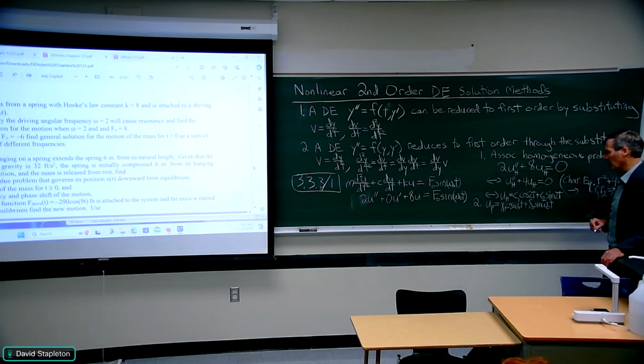And so that's the form of a particular solution according to the table, provided what? Provided neither term here is a solution to the homogeneous problem. Well, it's a solution to the homogeneous problem if and only if omega 0 equals 2. So this is for omega 0 not equal to 2.